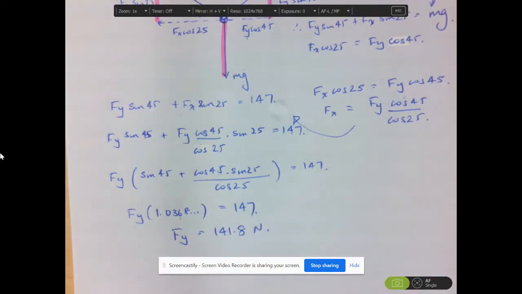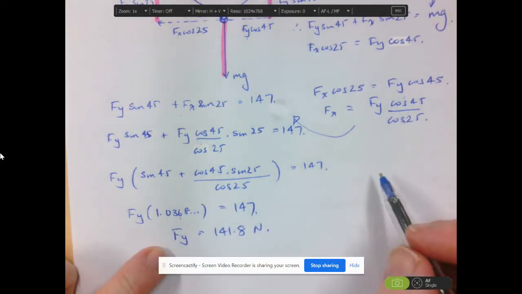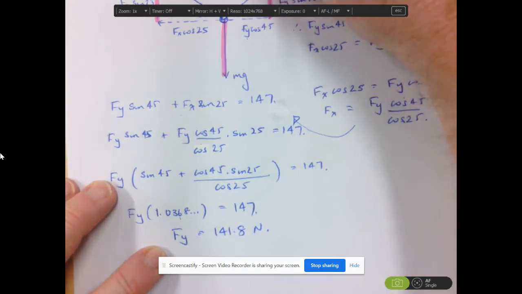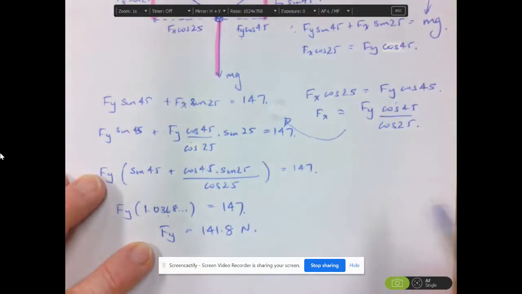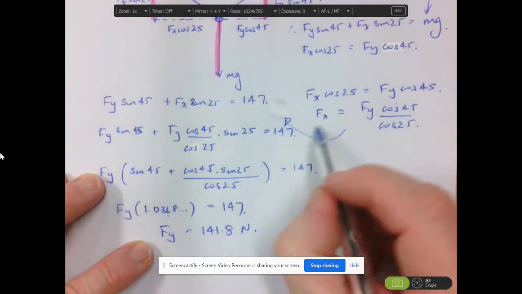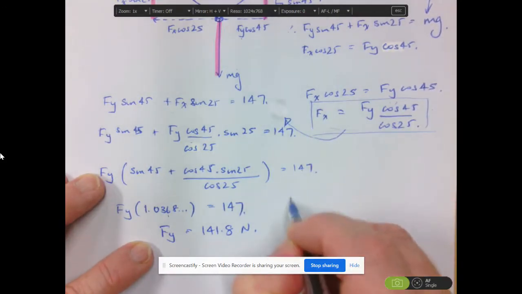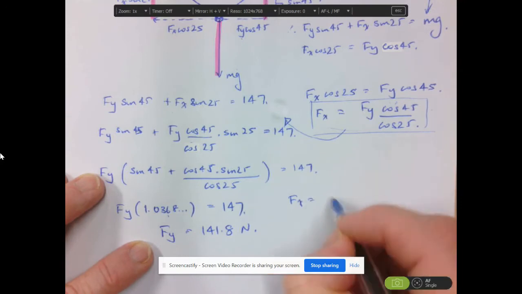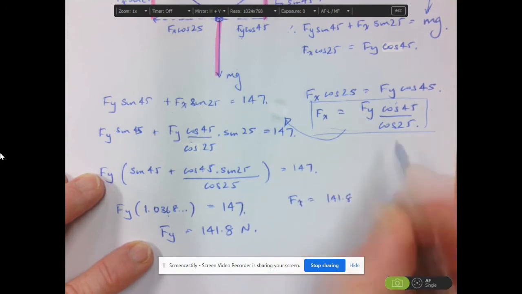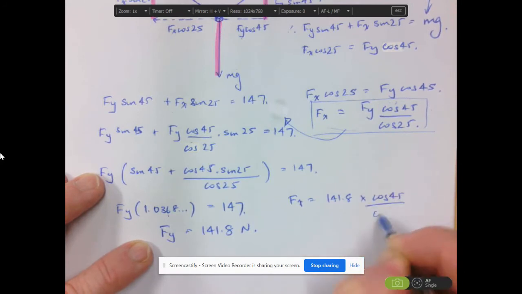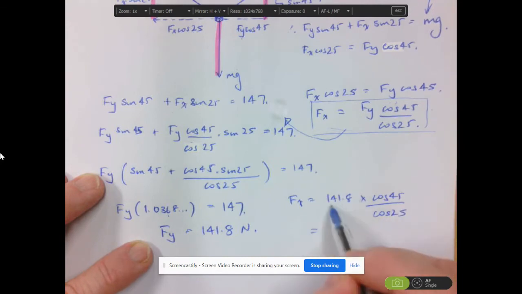Okay. Now we know what Fy is, we can now use it to find Fx, because Fx is found by this formula up here. So Fx would equal 141.8, I'm going to use the exact value for that in a few more moments, times cos 45 on cos 25. I'm going to use the value that's on my calculator.